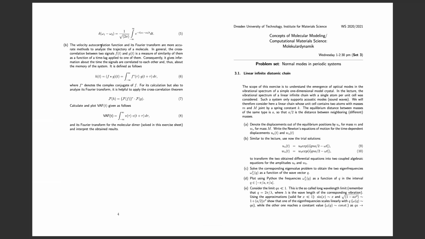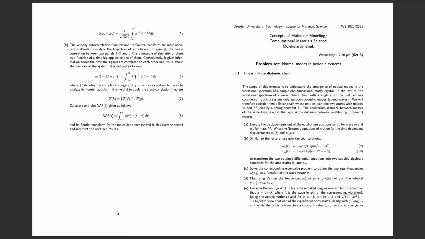So here in part B, we will define the velocity autocorrelation functions and its Fourier transforms. The velocity autocorrelation function is defined here as the integral of these cross correlations of functions f and g.